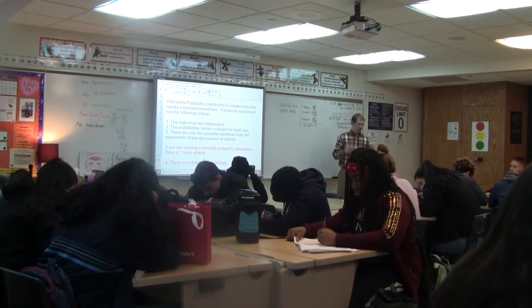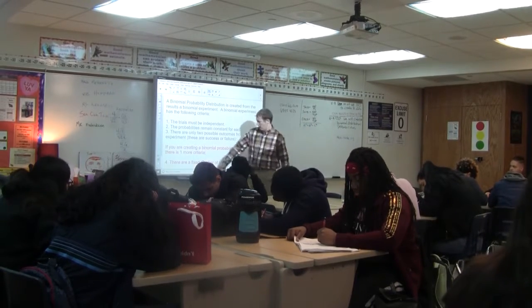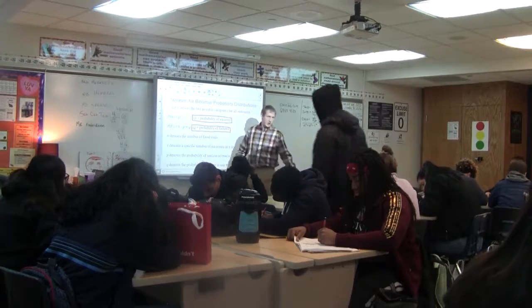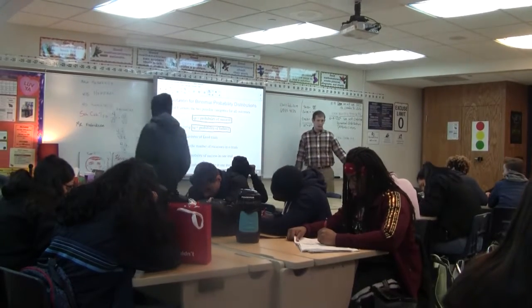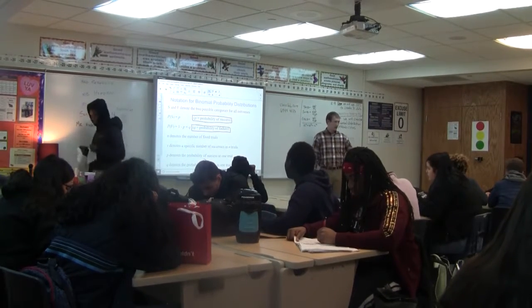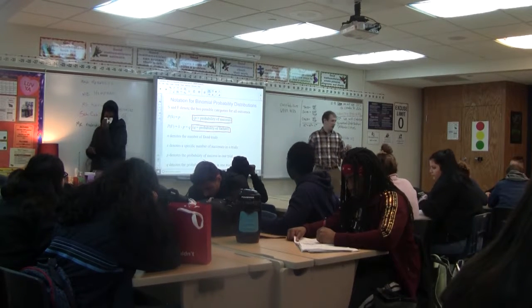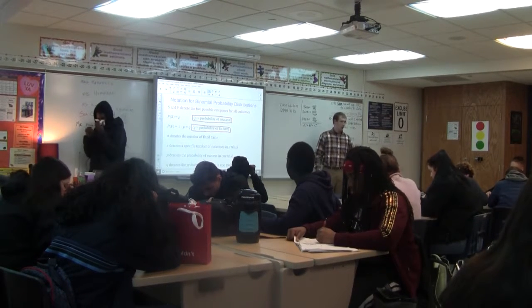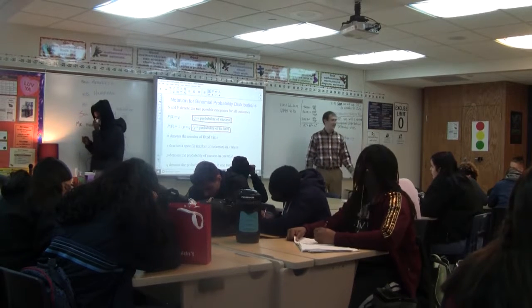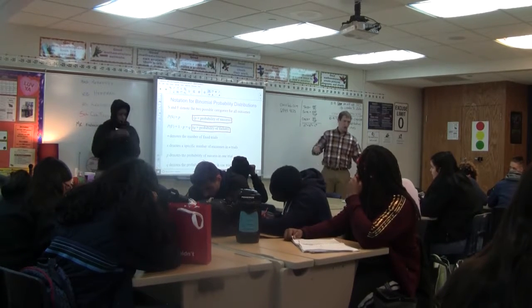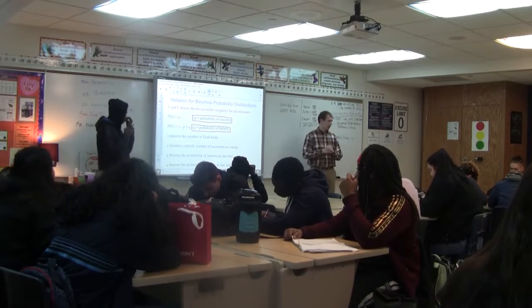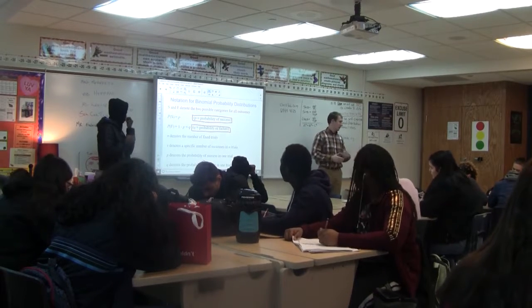There's a fixed number of them. Does that make sense? Any questions on that part? Understand the idea of independence and everything? The fourth one, it has a fixed number of trials, so if you're going to flip the coin 10 times, for example, or talk to 10 people and see if they're left or right-handed.